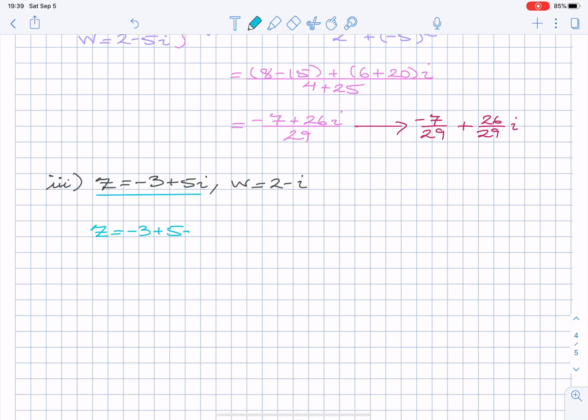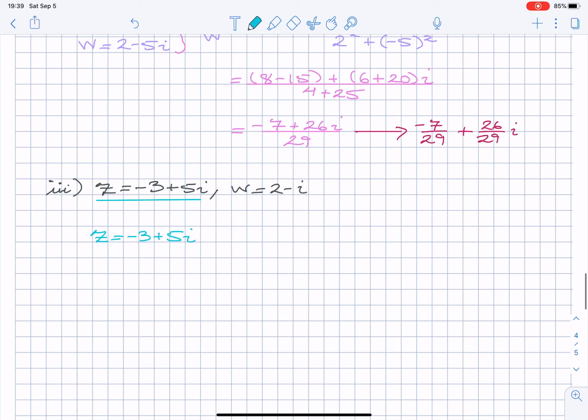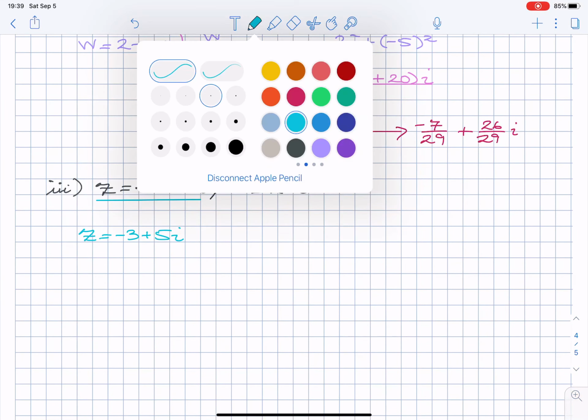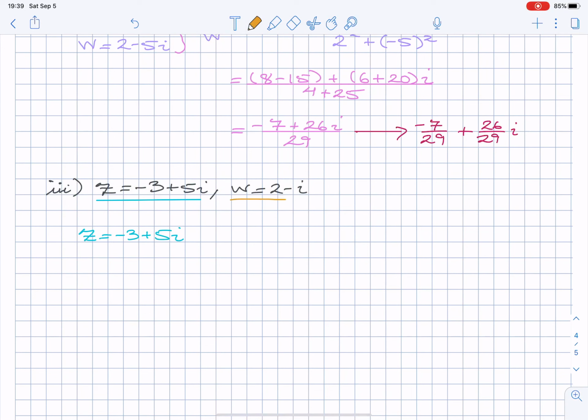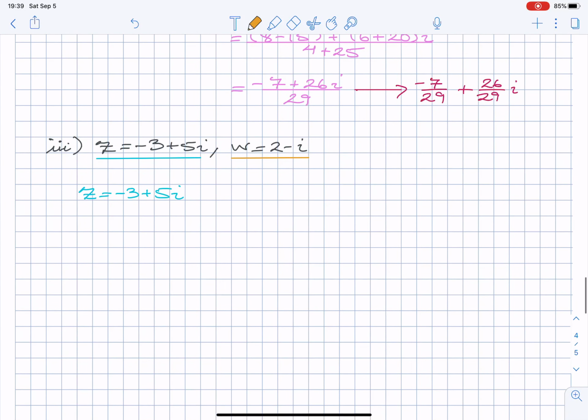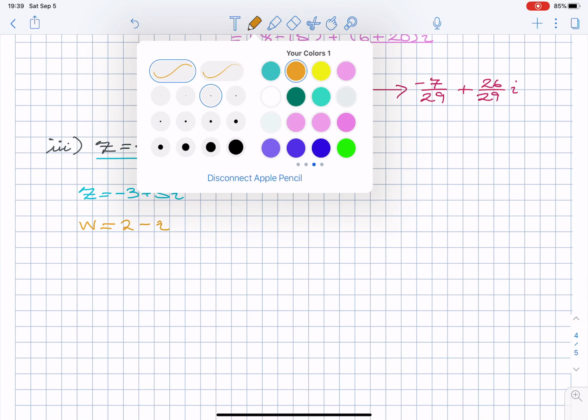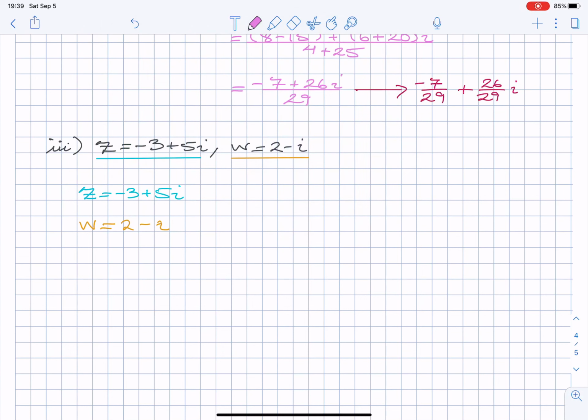Minus 3 plus 5I. Maybe I'll move that over to the left a bit. And let's have W be dark yellow. So W is going to be 2 minus I. And of course that's 2 minus 1I.